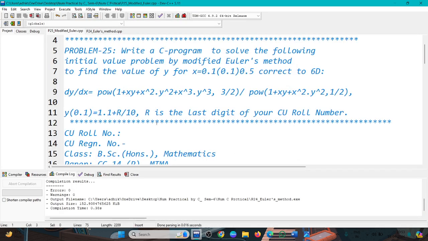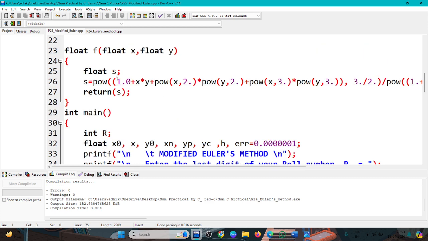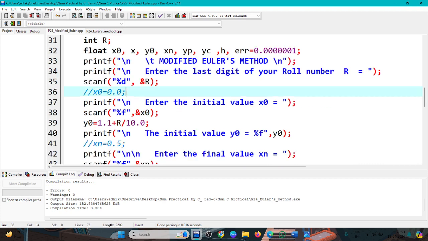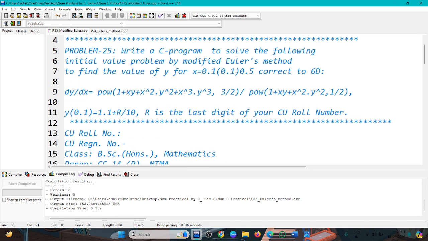Now this is the modified Euler method program. First we define this function. Then we enter the last digit of your roll number, r, and the x0. Here x0 is 0.1, and the corresponding input r.